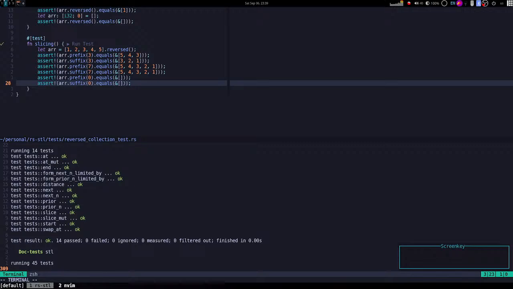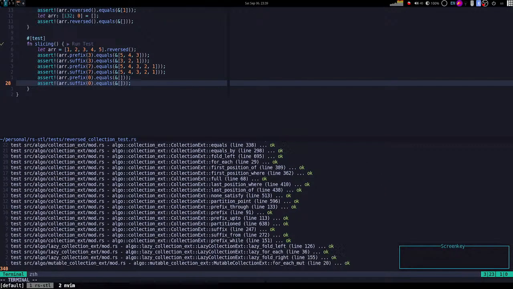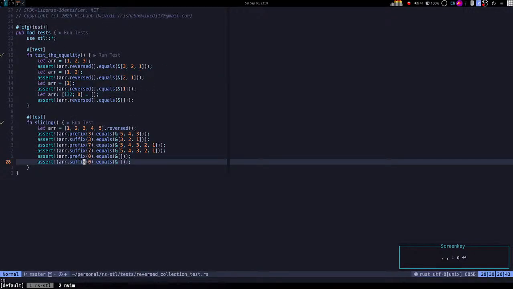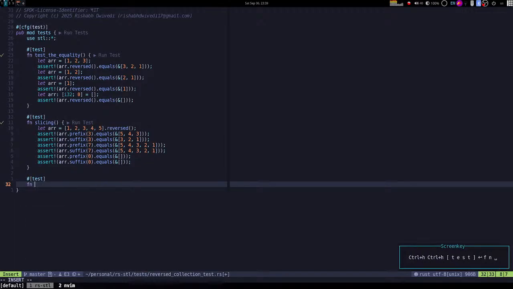Is there something remaining? I think there is something remaining. So the ordering test, right? Fn slice position ordering.